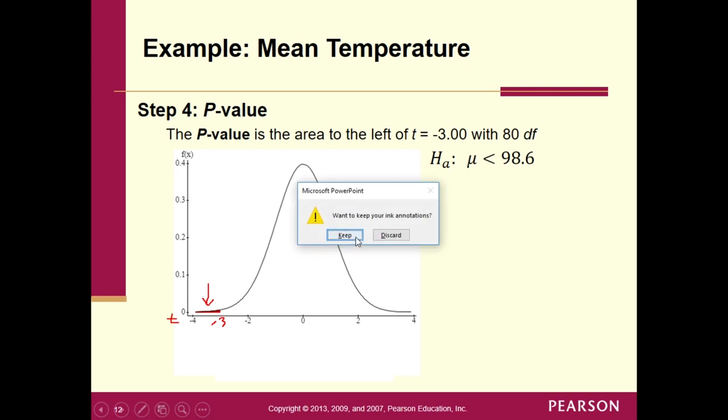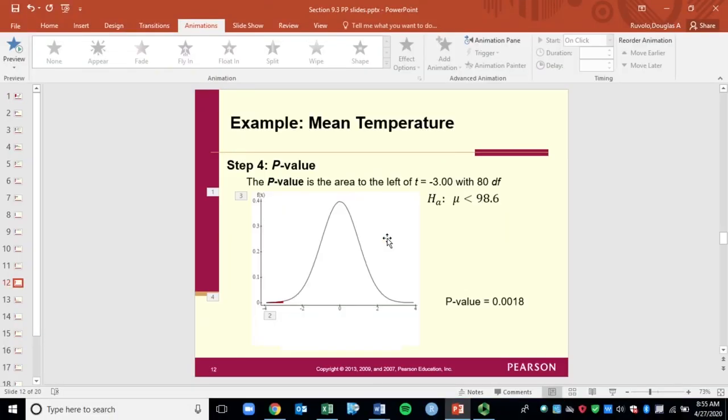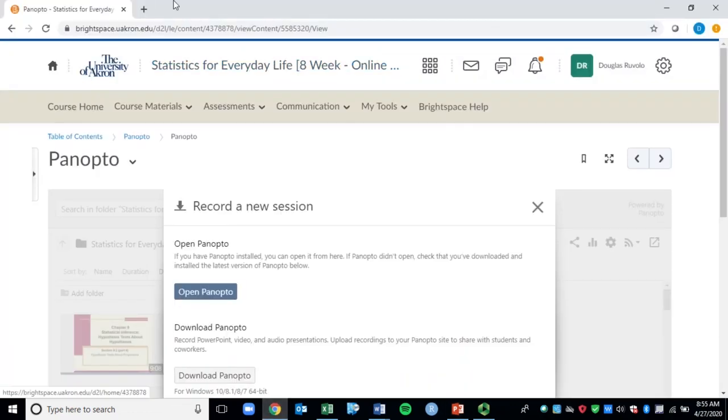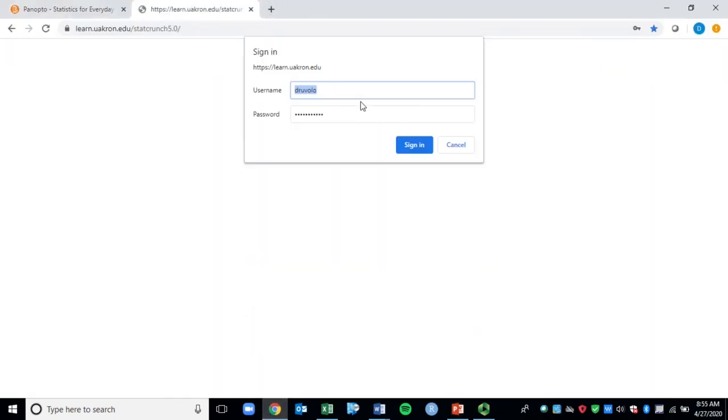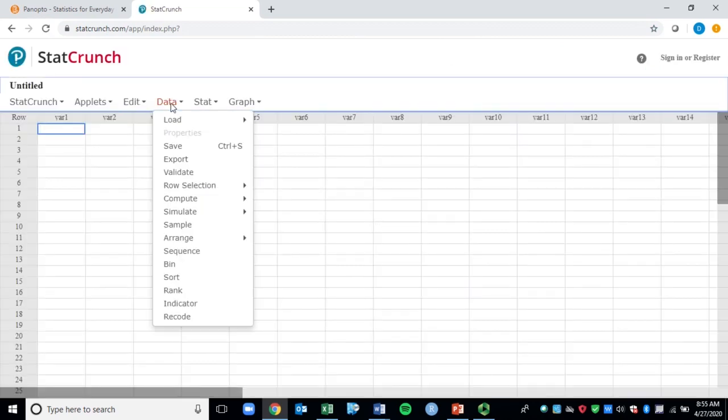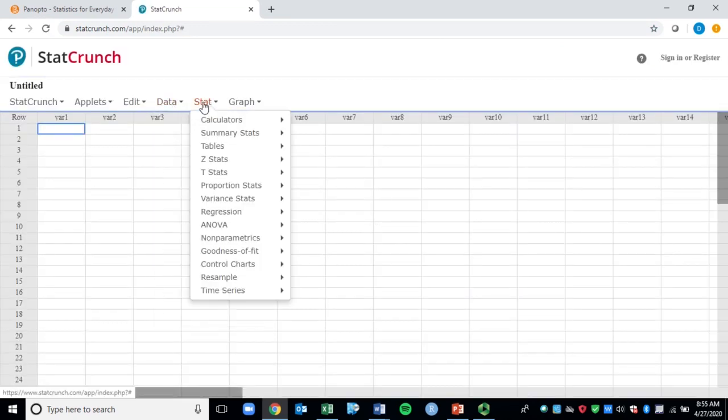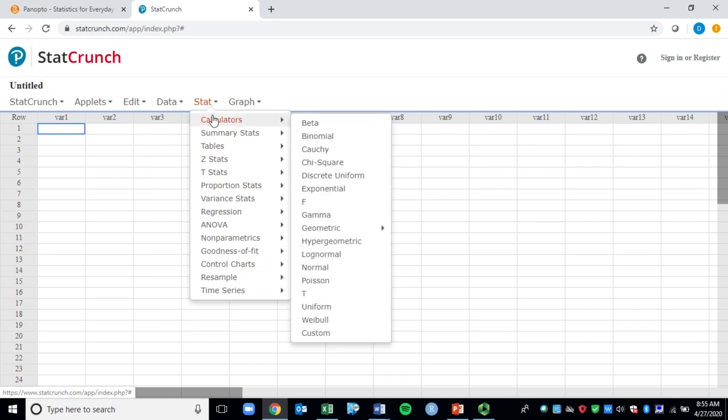Let's see here. We'll go over to StatCrunch. So you would go to Stat, Calculators, t-distribution, to figure out this p-value.